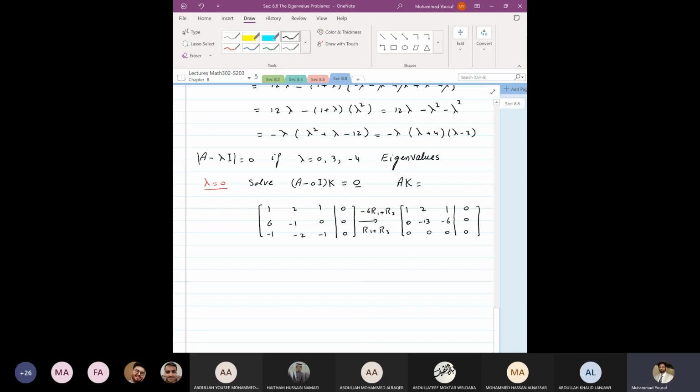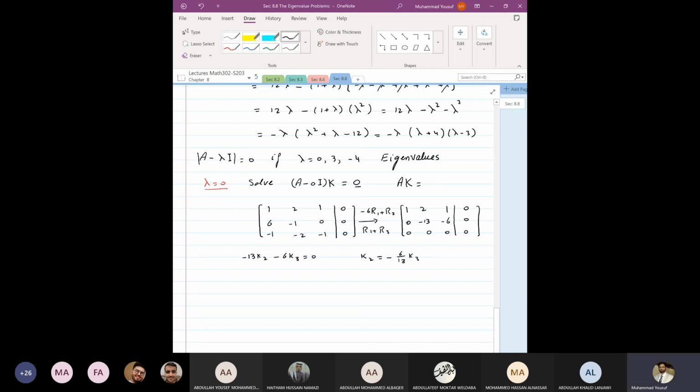So one row is 0, and it should be 0. There should be one zero row because the determinant is 0. So from here we get negative 13 k2 minus 6 k3 equal to 0. So k2 is equal to negative 6 over 13 k3.